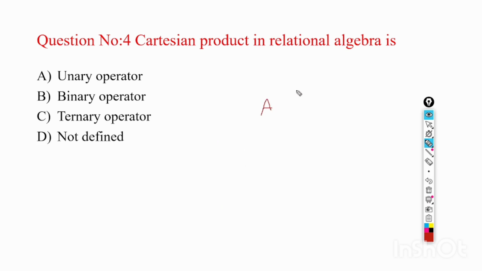Since it operates on two tables, it is called a binary operator. So if you want to combine rows from two tables, the operator we use is called a binary operator. I will give an example.